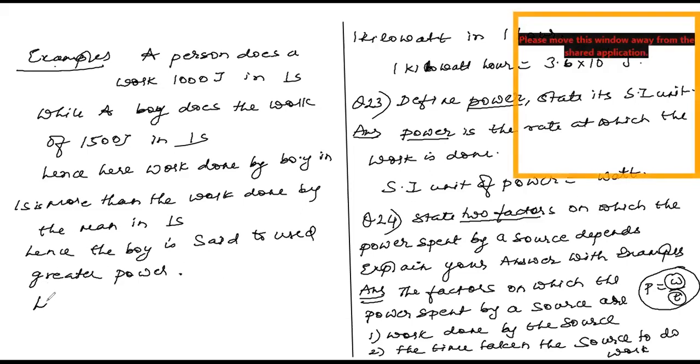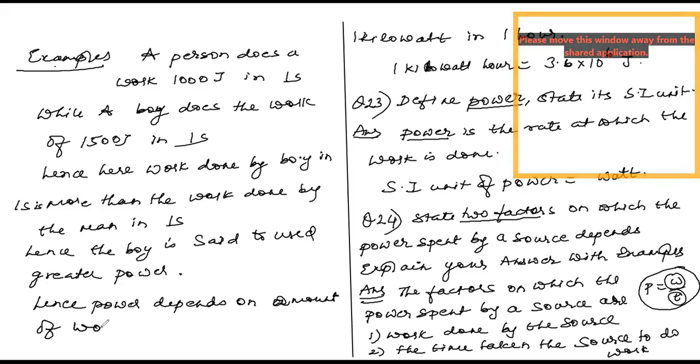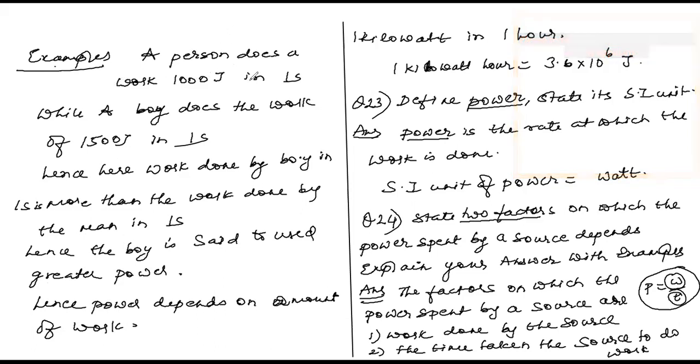So hence power depends on the amount of work. You can see here, a person does a work of 1,000 joules in 1 second, while a boy does the work of 1,500 joules in 1 second.